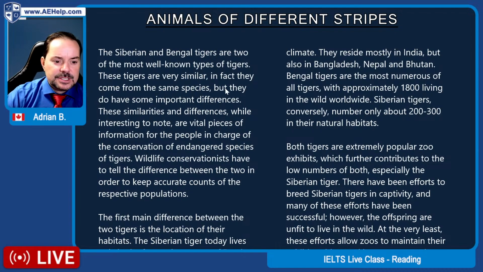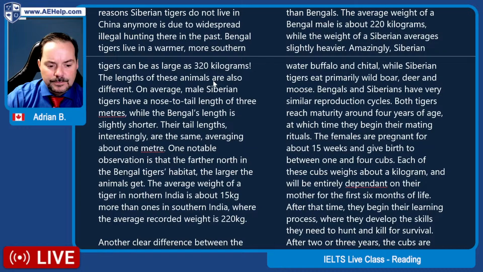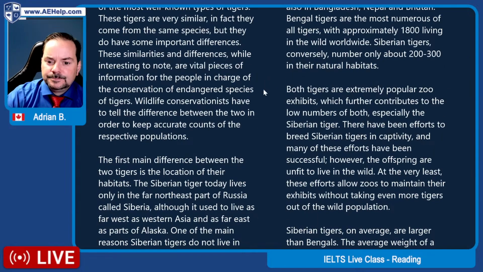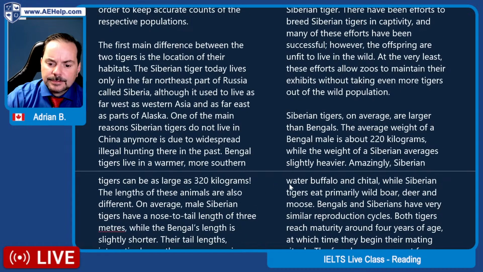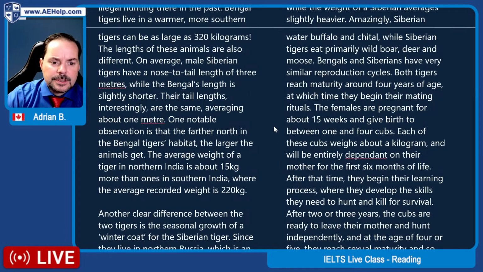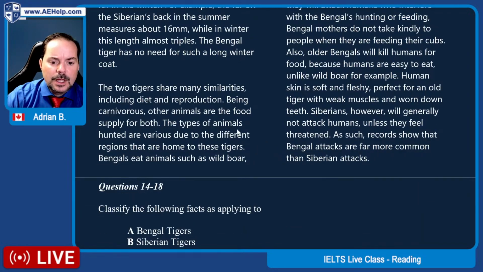Now, even skimming for that is going to take me a minute here. Let's see. There's somewhere in here. Yeah, there it is. Okay, here you go. All the way down here. Being carnivorous, other animals are the food supply for both.